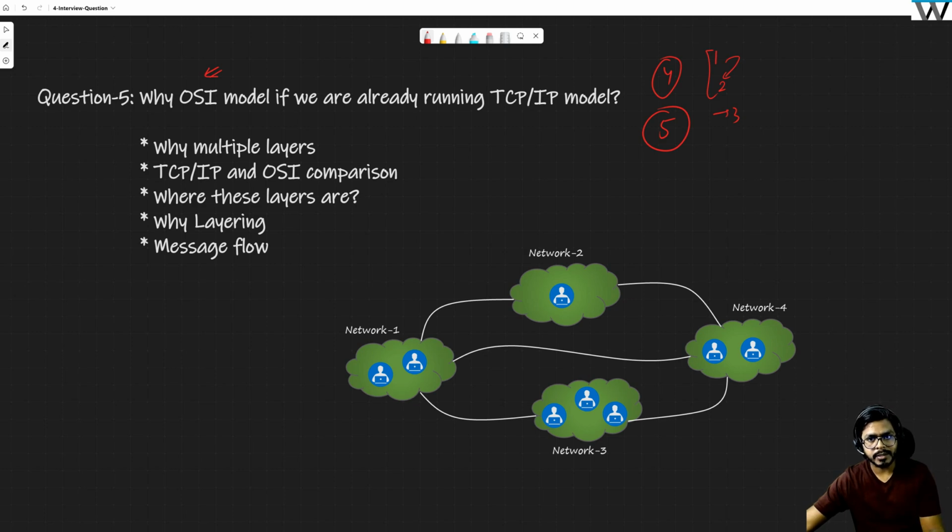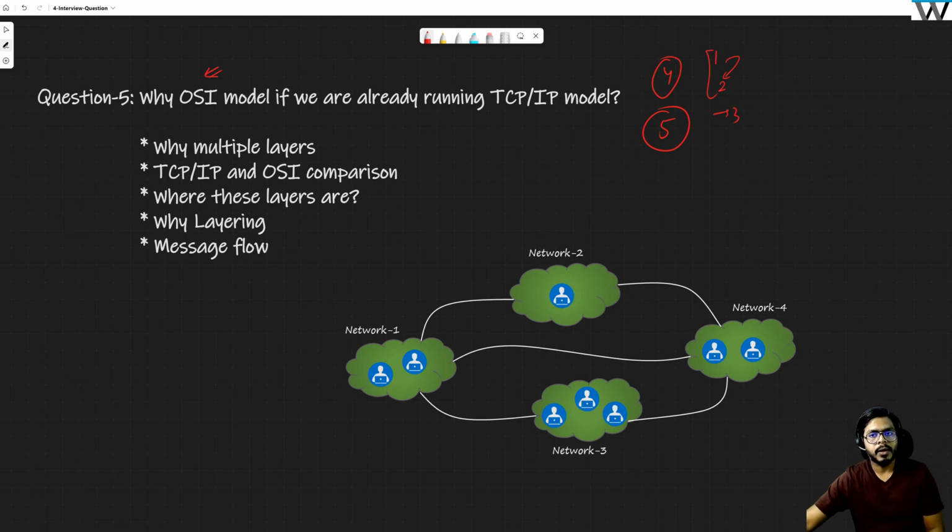To understand the OSI model, TCP/IP, or whatever we are going to discuss in the next 1 hour maybe, you need knowledge till question number 4. So go in sequence, otherwise this series is not going to be beneficial for you.